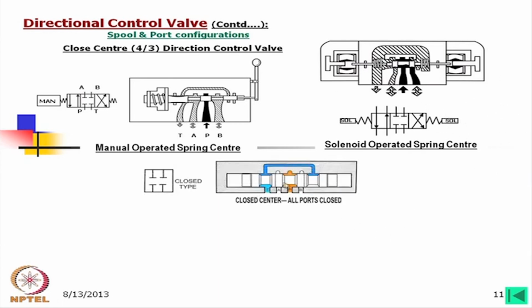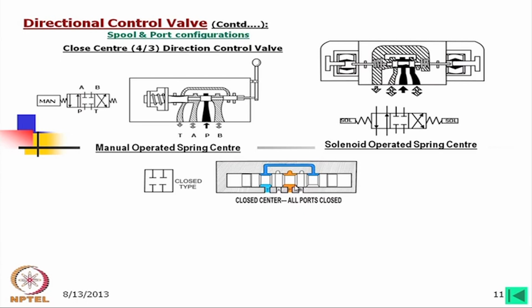Now, this figure you have already seen earlier, but here, this is the spool and these are the ports. The pressure port is connected like that at the neutral position, but this flow cannot go to the A side or the B side, neither can it go to the tank side.